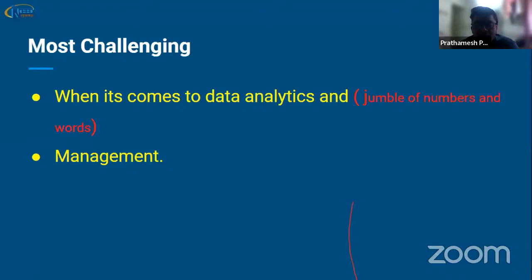So one should have knowledge and understanding of the particular sector, and some skills to gather meaningful information out of that particular data set. Healthcare data is basically a jumble of numbers and words, so that no one can understand what is written on the documents, or the exact meaning of those words.